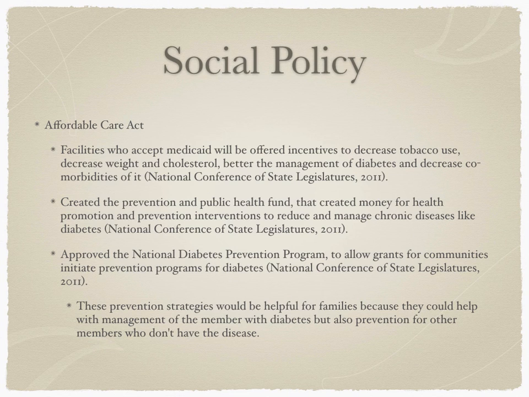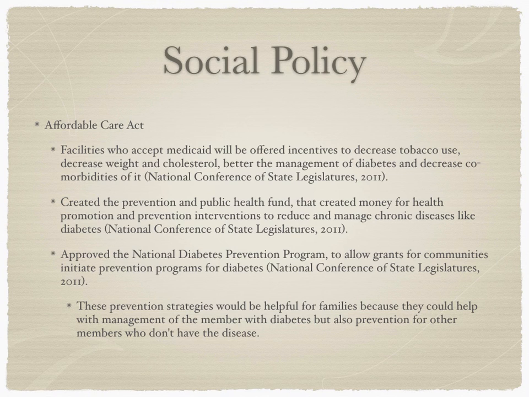The Affordable Care Act, according to the National Conference of State Legislatures in 2011, also mandated that facilities who accept Medicaid will be offered incentives to decrease tobacco use, decrease weight and cholesterol, better the management of diabetes, and decrease comorbidities of it. So that's going to be an incentive to make them adhere to these.